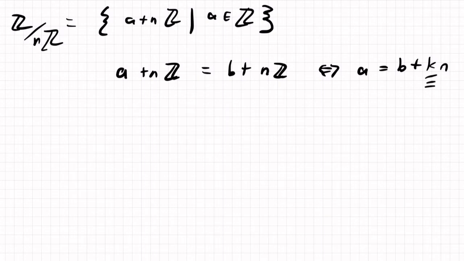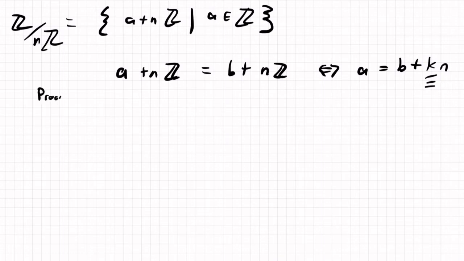So given an arbitrary coset A plus nZ, we can shift A by n or by any multiple of n, and we'll still have the same coset. We want a procedure that, given a coset, tells us which coset that actually is.